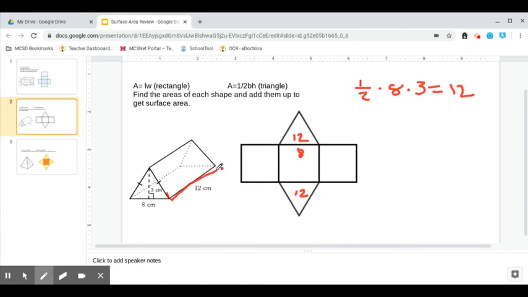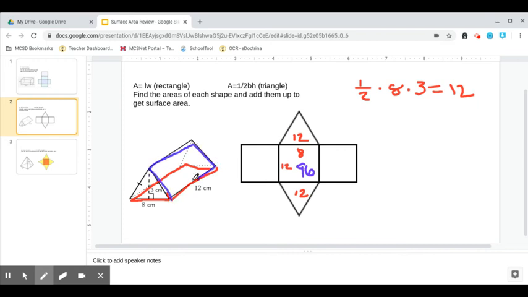This side of that rectangle is 12. The bottom is 8. So I have an 8 by 12 rectangle. If I multiply 8 times 12, I'm going to end up with 96.